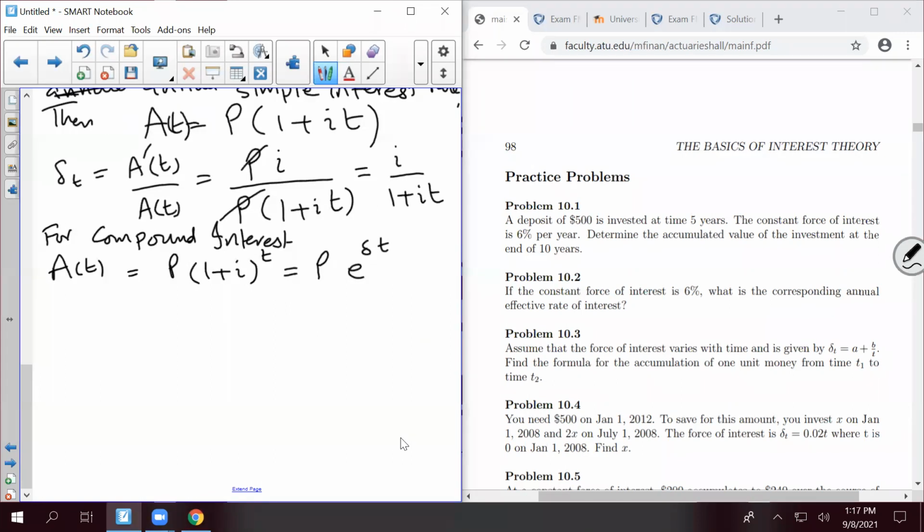Okay, so then 10.1, we want the accumulated value, and we are given the force of interest. A of t is equal to P e to the delta t. P is 500, delta is 0.06, and t is 10 years.